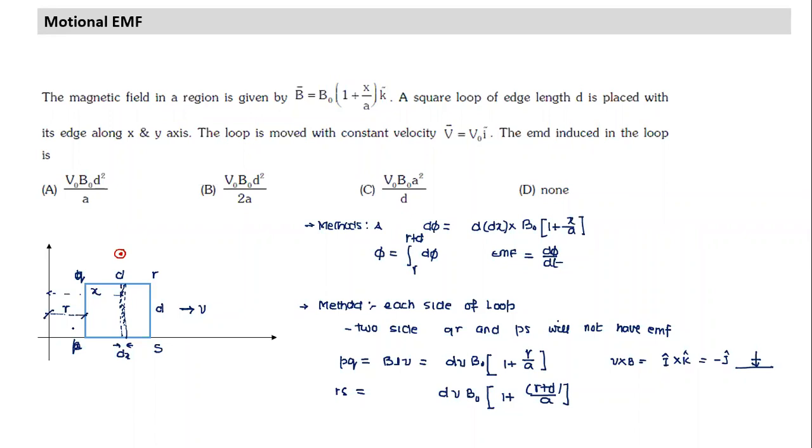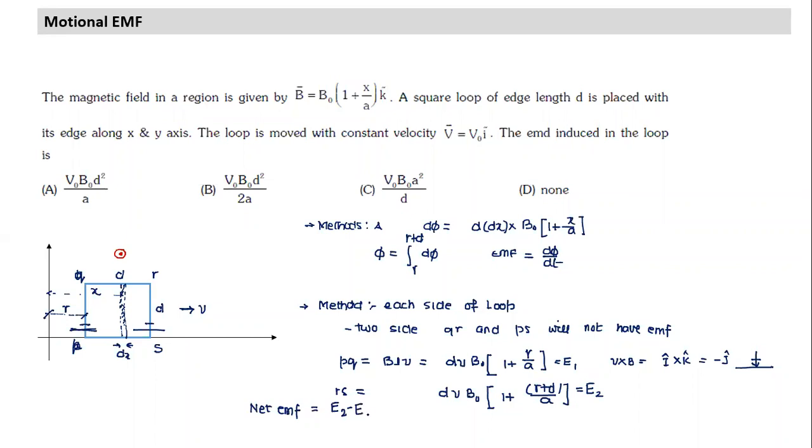So what we notice here, if you look at the total EMF in the loop, both batteries are in the opposite sense. So we'll have to take the net EMF as the difference of the 2. If I call this E1 and this E2, the net EMF will be E2 minus E1.